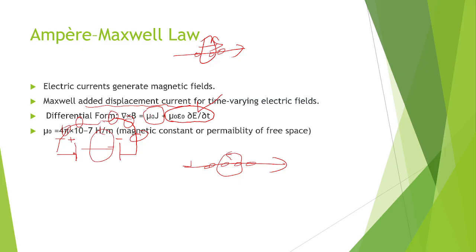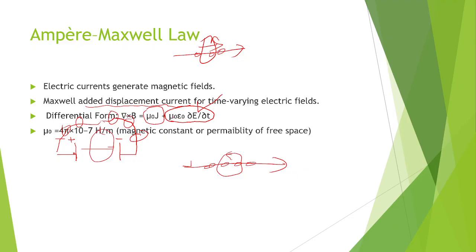Okay, this mu naught, we discussed the epsilon naught, that is the permittivity of free space, and mu naught is the permeability of free space. It is called the magnetic constant, while the epsilon naught is called the electric constant.